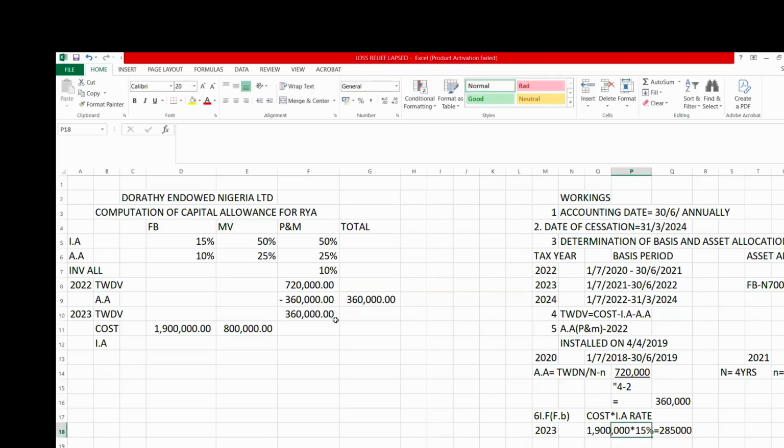You put that in brackets as the initial allowance.